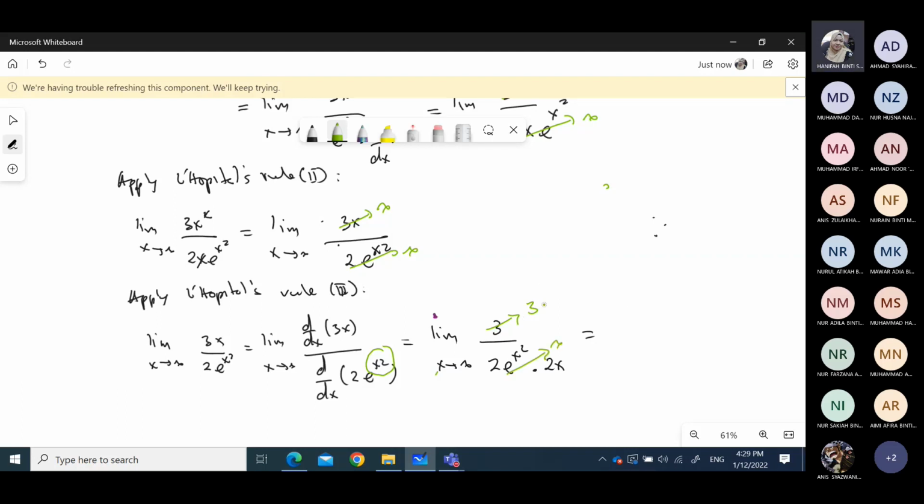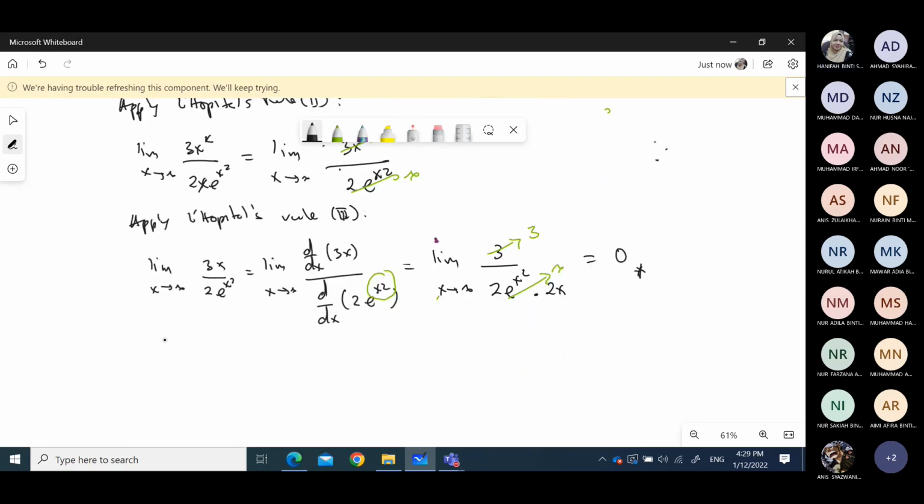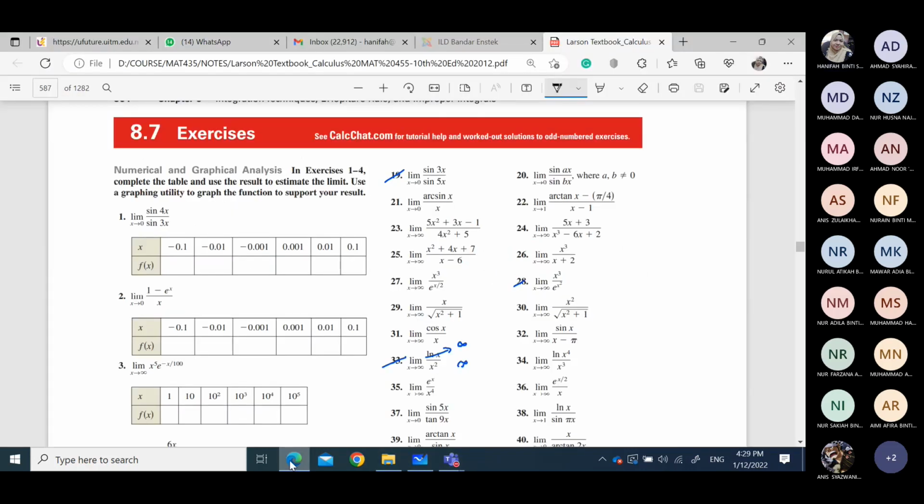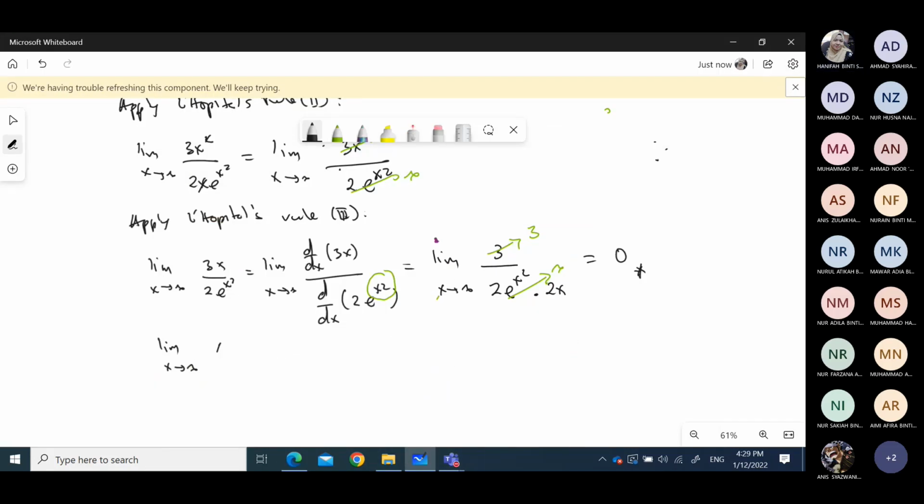Based on this, 3 over infinity approaches 0. Therefore, the limit as x approaches infinity of x cubed over exponent x squared is equivalent to 0. So this is the answer.